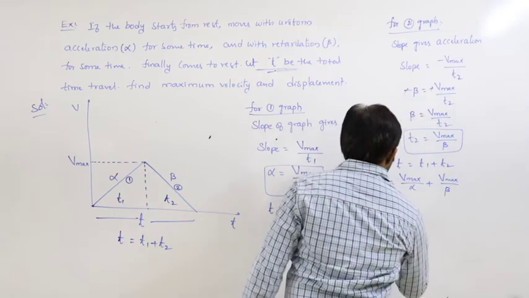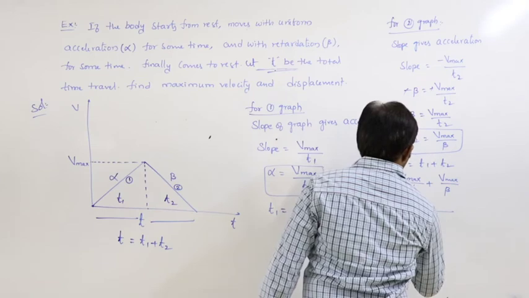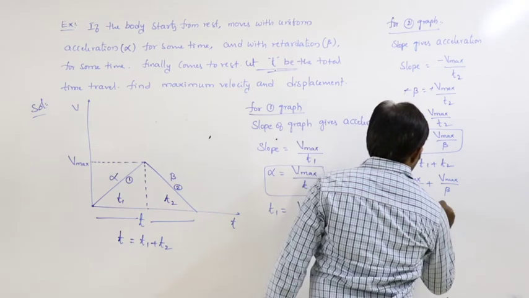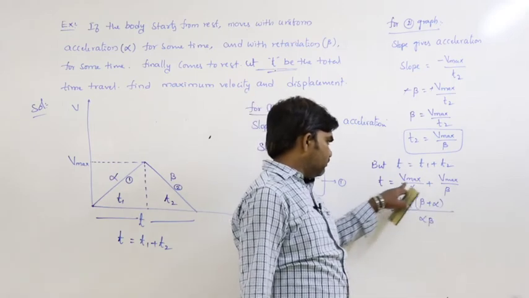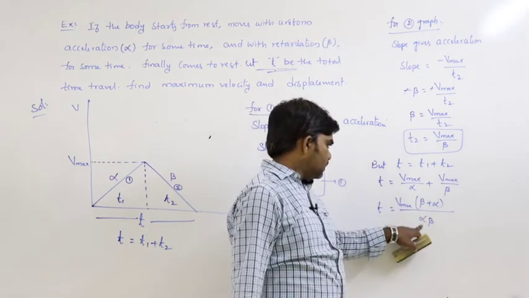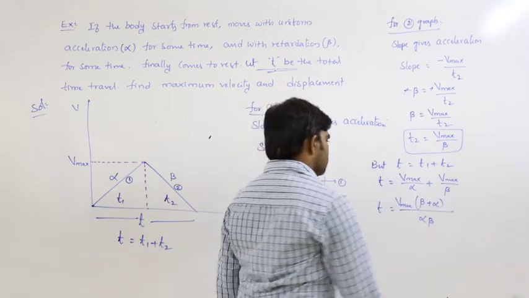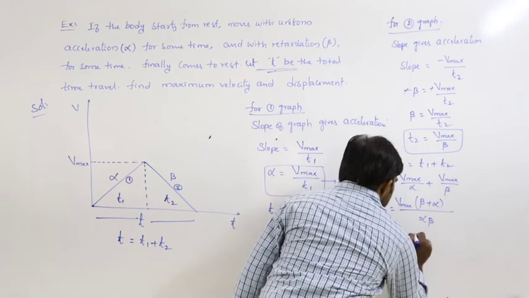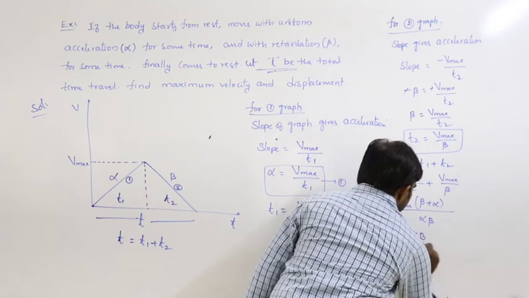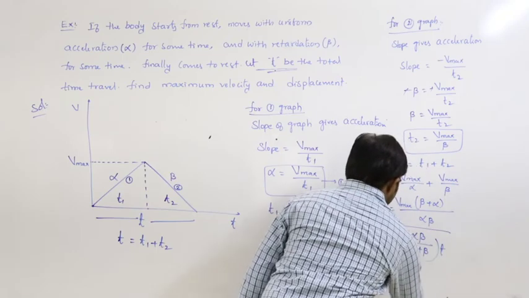So t is equal to v maximum times the LCM, alpha beta, with v maximum common: beta plus alpha. So the LCM is alpha beta, here v maximum is common, and that is why we got beta here and alpha there. Therefore, v maximum is equal to alpha beta by alpha plus beta into t.